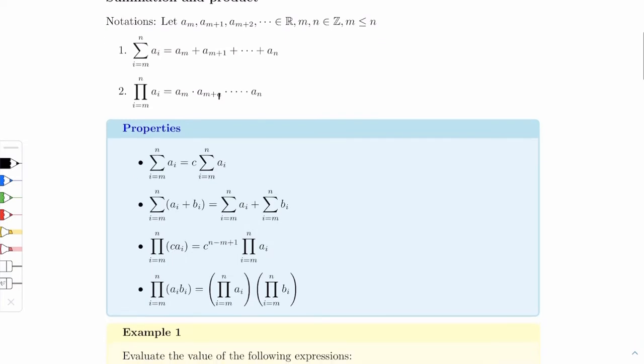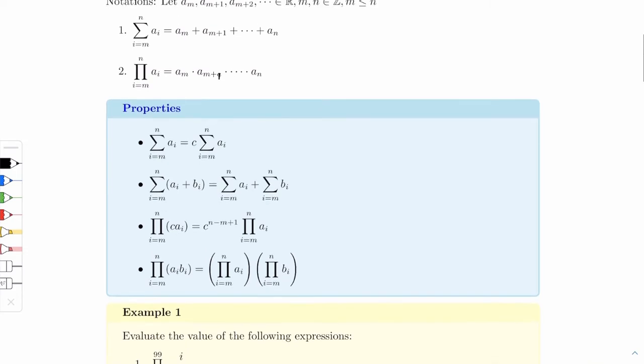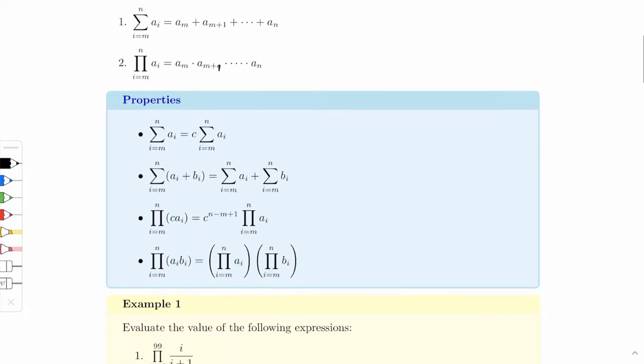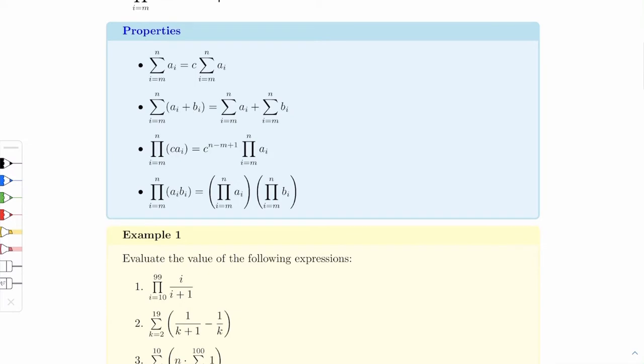And here are the properties of the summation and product notation. The first one is that, wow, I noticed that I have a few typos. Here should be a c here. Okay, so sigma c a_i equals to c sigma a_i.